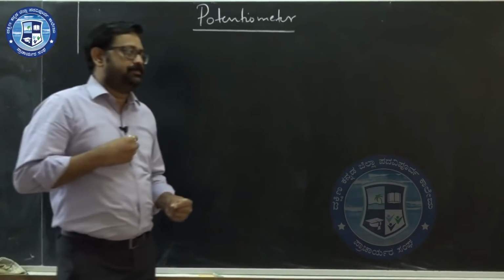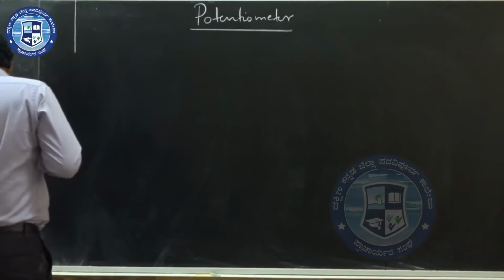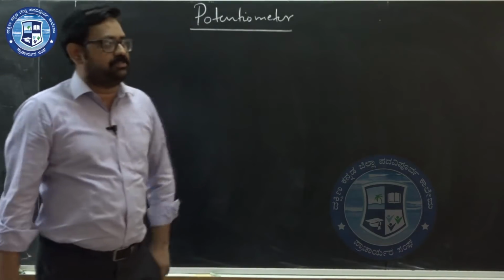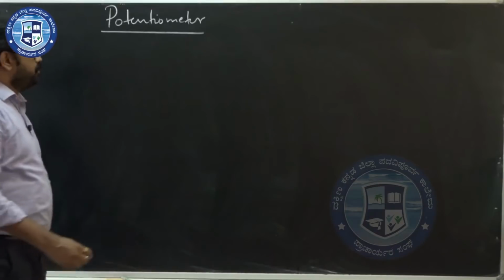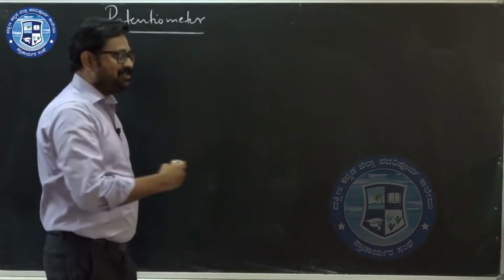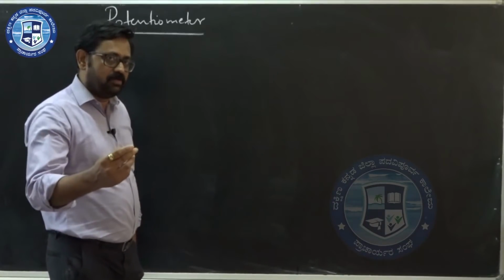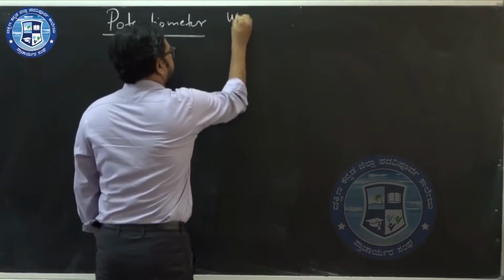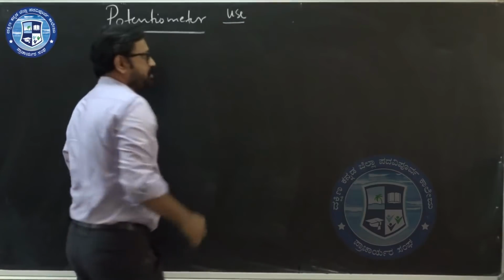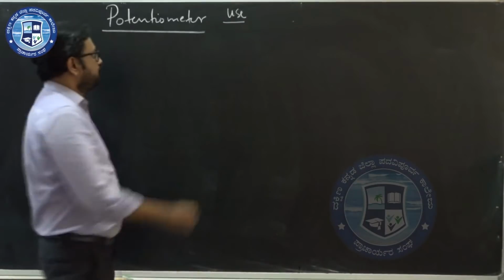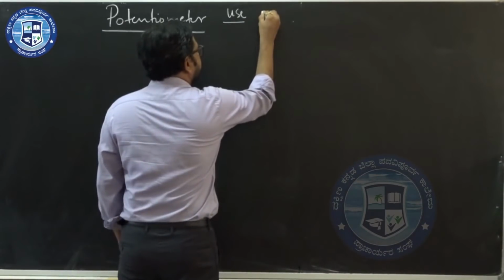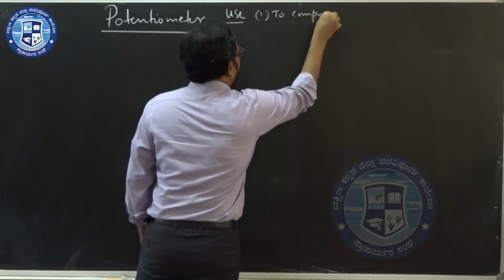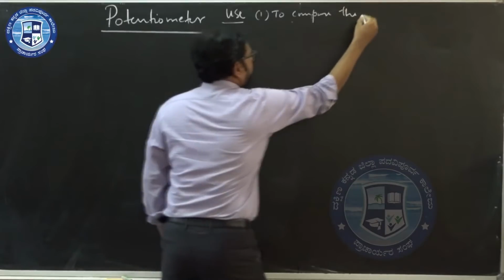When I say it is an instrument, obviously it is used for some purpose. Before I tell you the description of the potentiometer, let me tell you the use of this instrument. This instrument can be used to compare the EMF of two cells.